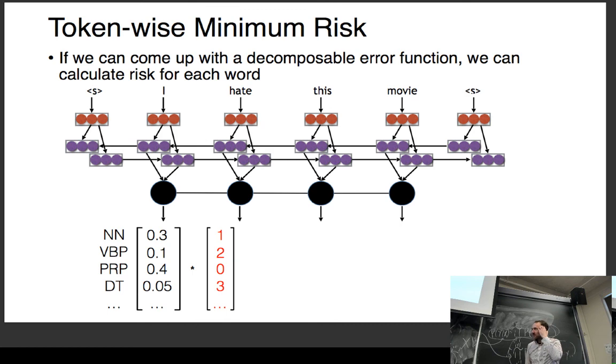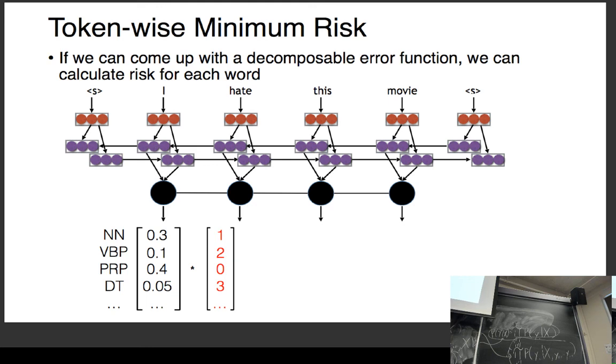So one final thing that I wanted to mention was that you can also do this token-wise. Let's say you have a risk function where you really don't want to mistake a preposition for a determiner.